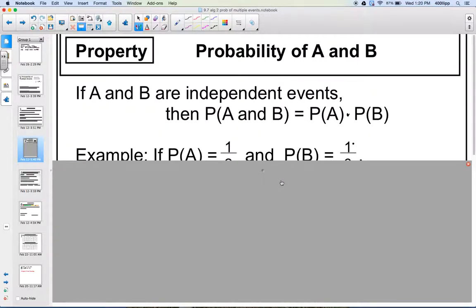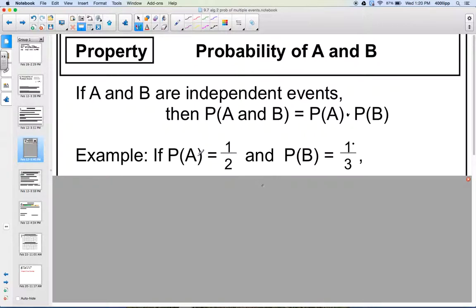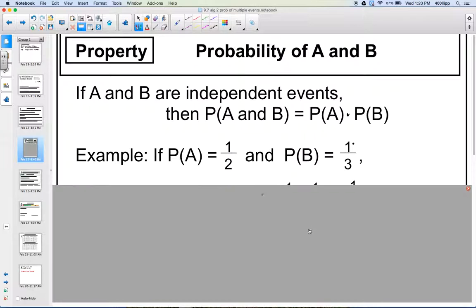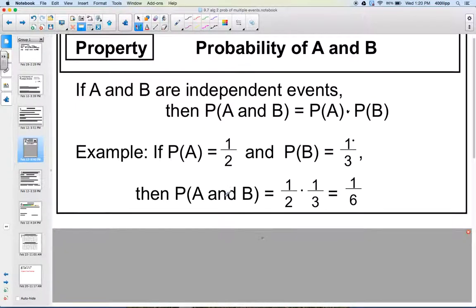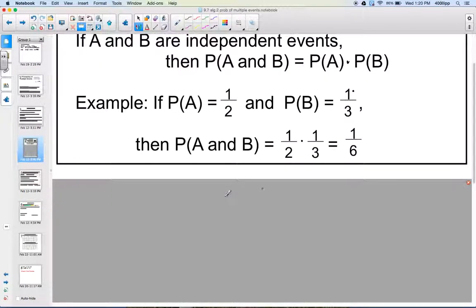And so if we take an example of the probability of A is equal to a half and the probability of B is equal to a third, then the probability of A and B would be to multiply these two, which would give us a half times a third, which is 1/6. And that's finding the probability of A and B when they're independent events.